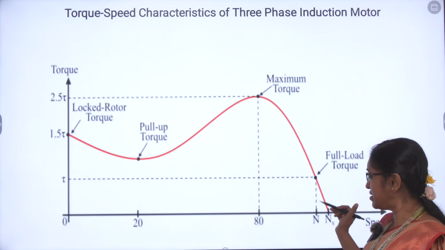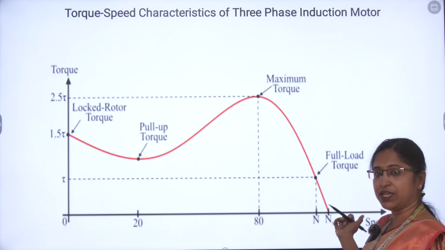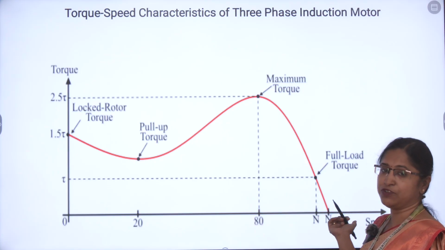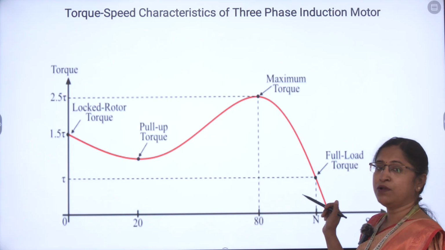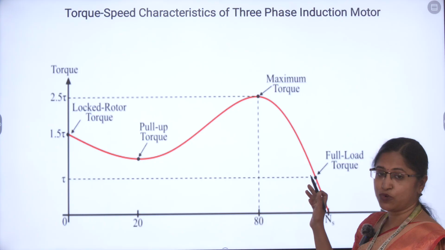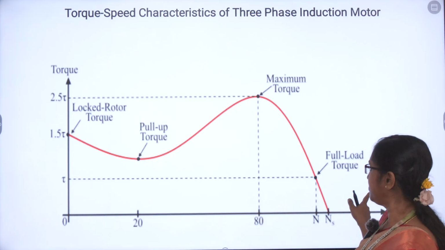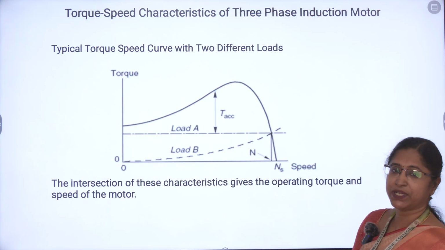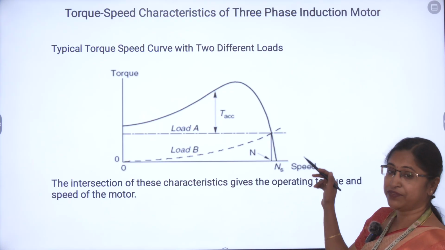There is always a slip between the rotor speed and the synchronous speed. That is why slip is the main factor to be considered while studying the induction motor and its torque-speed characteristics.